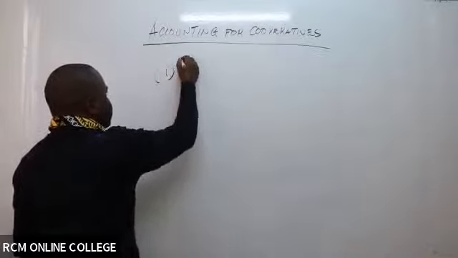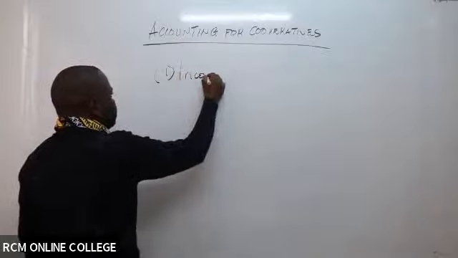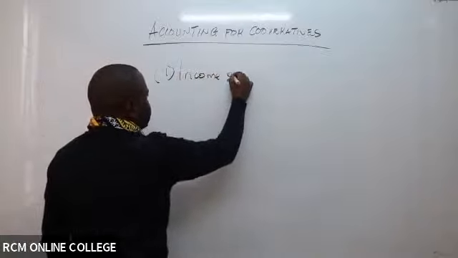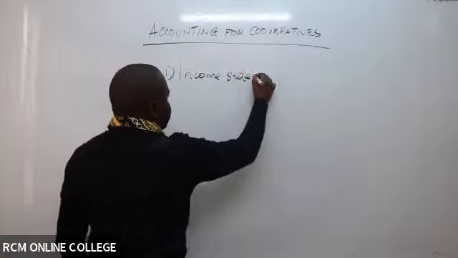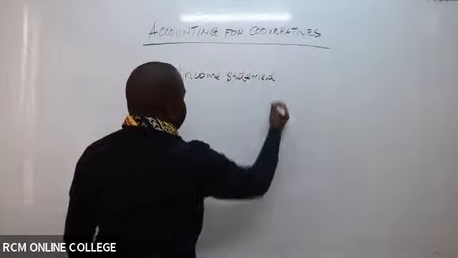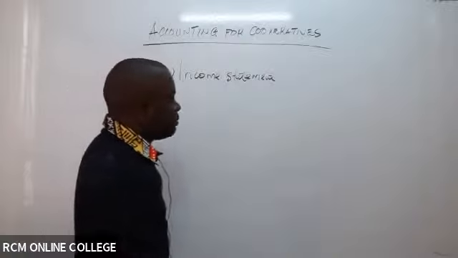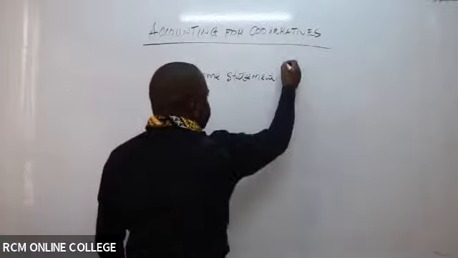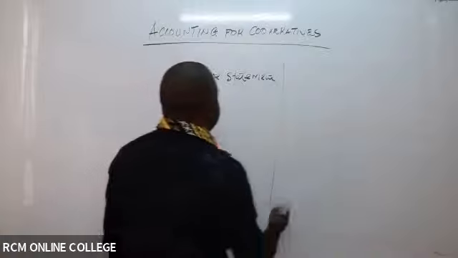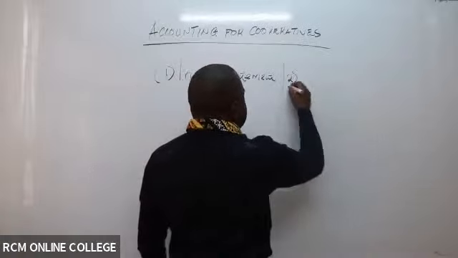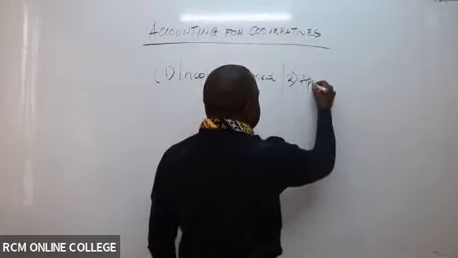There'll be the maintenance of what we call the income statement. Then, number 2, we can have an appropriation account.